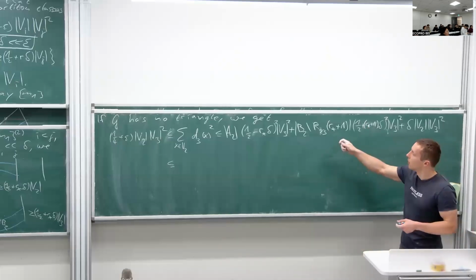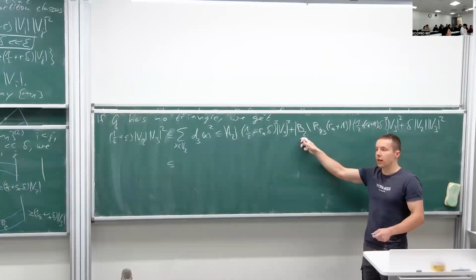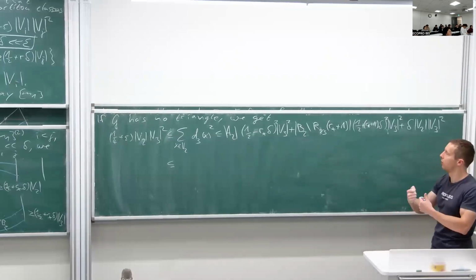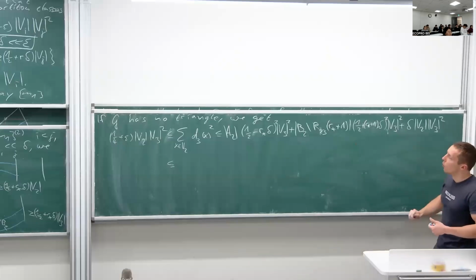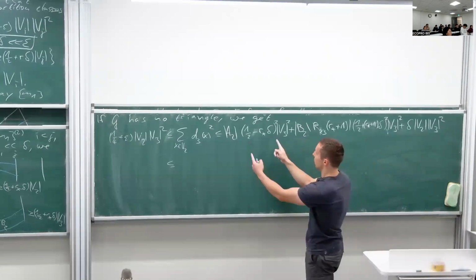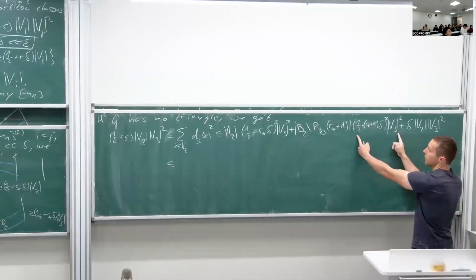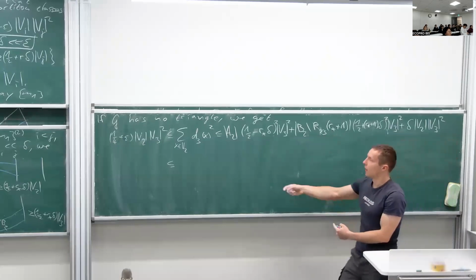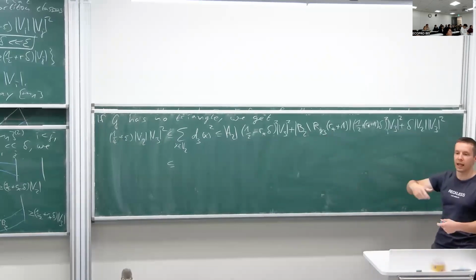So since this set and this B2 set sum to the whole of B2, we know that this term gets maximized because this factor here is smaller than this factor. So it gets maximized if A2 is as small as possible and B2 is as large as possible.